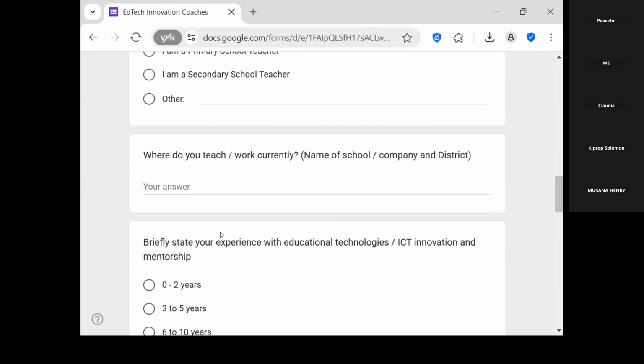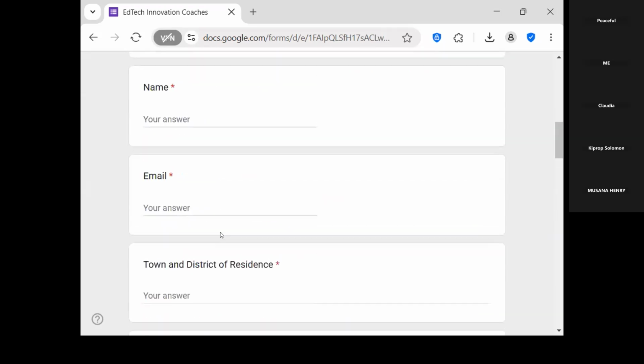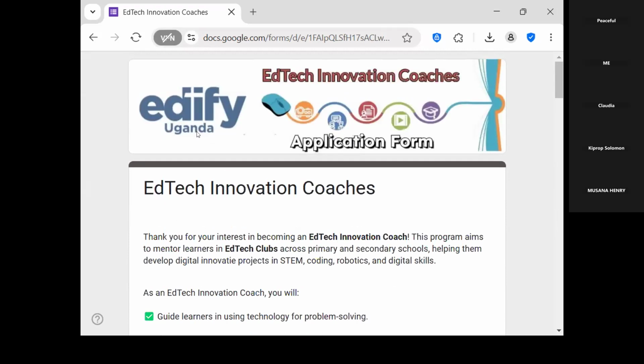So EduTech coaches will help mentor the learners, and then we shall organize the exhibition or the competition later on this year.